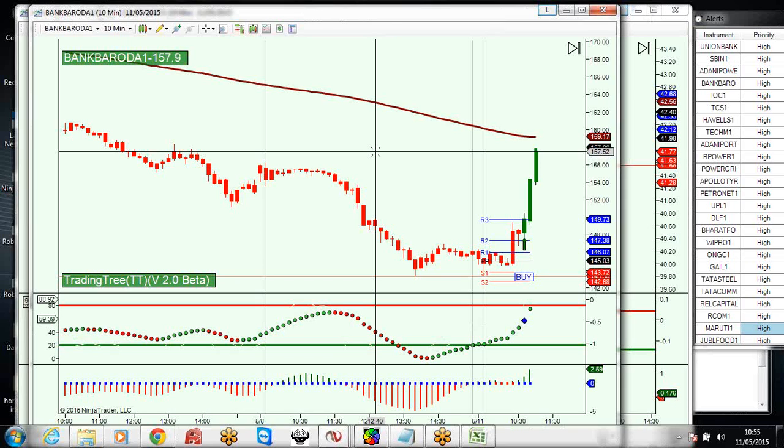So here your target should be done. Bank of Baroda.